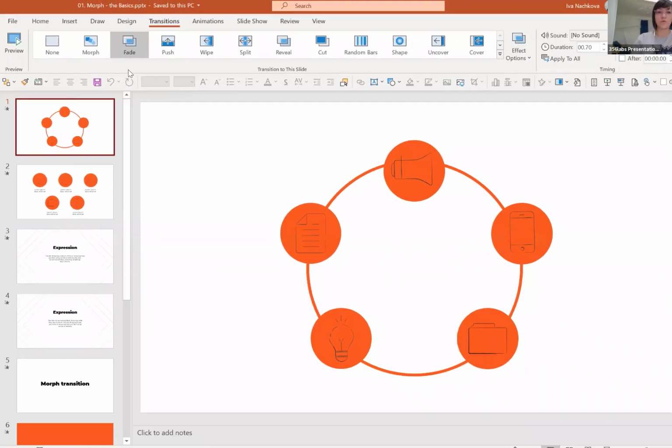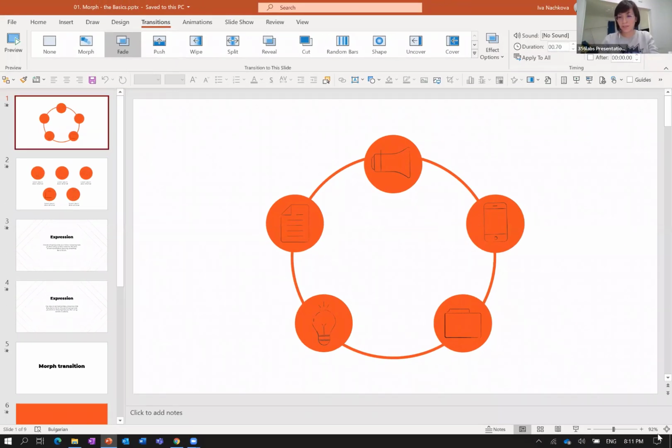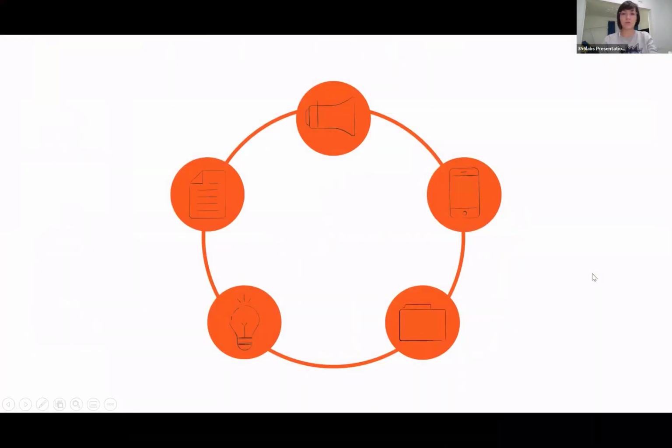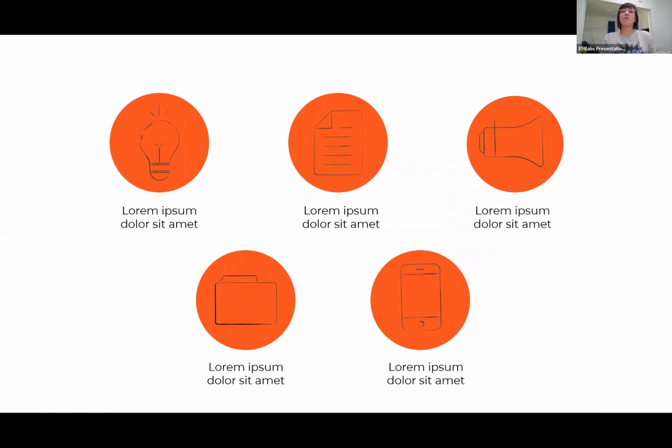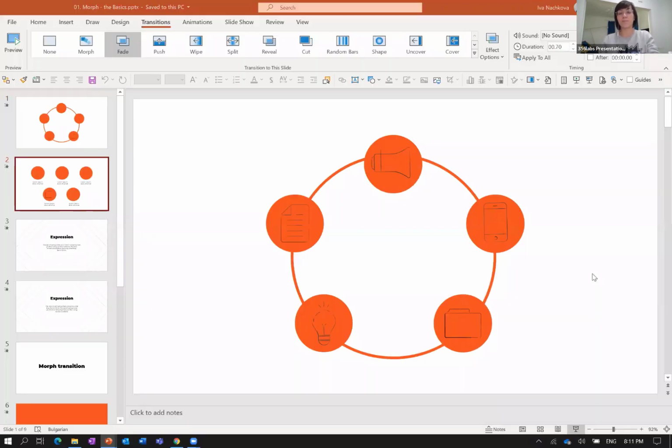So what does Morph do? Let me show you. Instead of explaining, let me show you, and we will analyze how that works. So we have these just very simple 5 shapes. Let's see what happens. So they moved, but they moved in a very, very interesting way compared to what we usually see. And it looks almost like an animated movie.